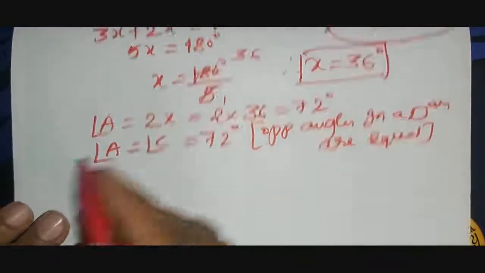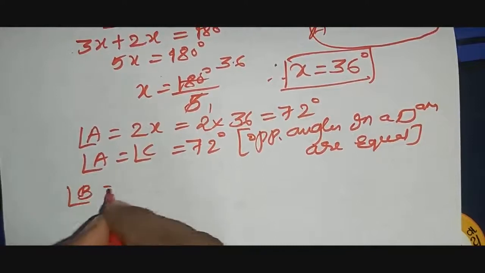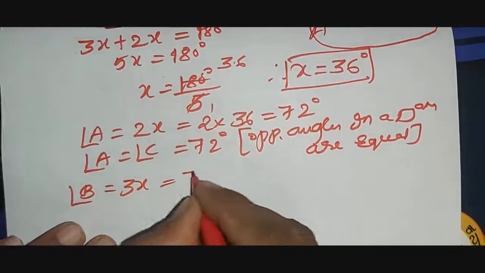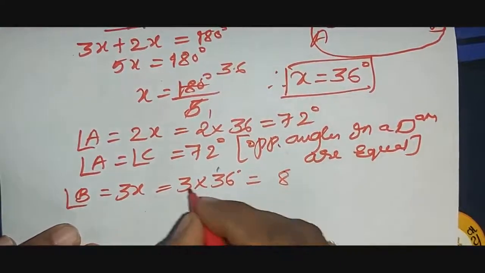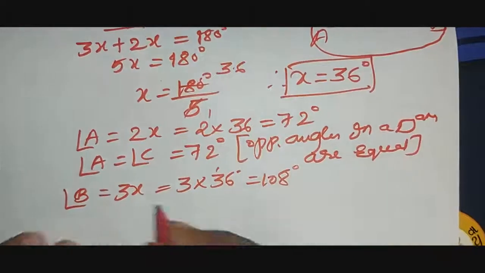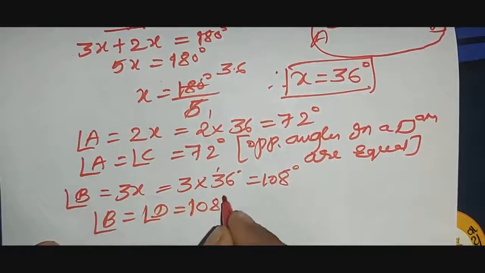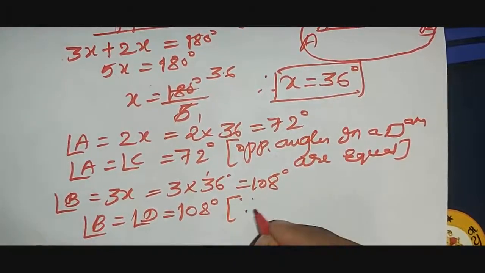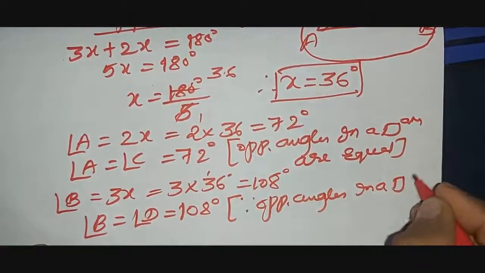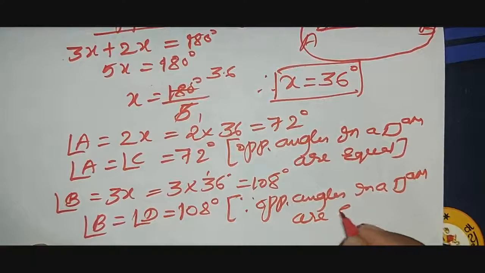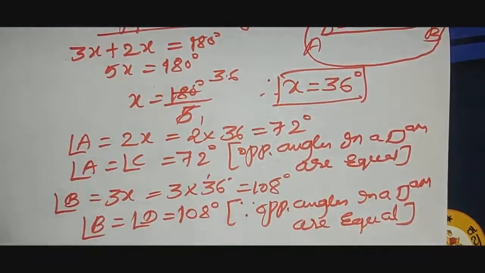And angle B is equal to 3x, 3 into 36 is 108 degrees, right? Even angle B is equal to angle D is equal to 108 degrees because opposite angles in a parallelogram are equal. Therefore, this is the right answer.